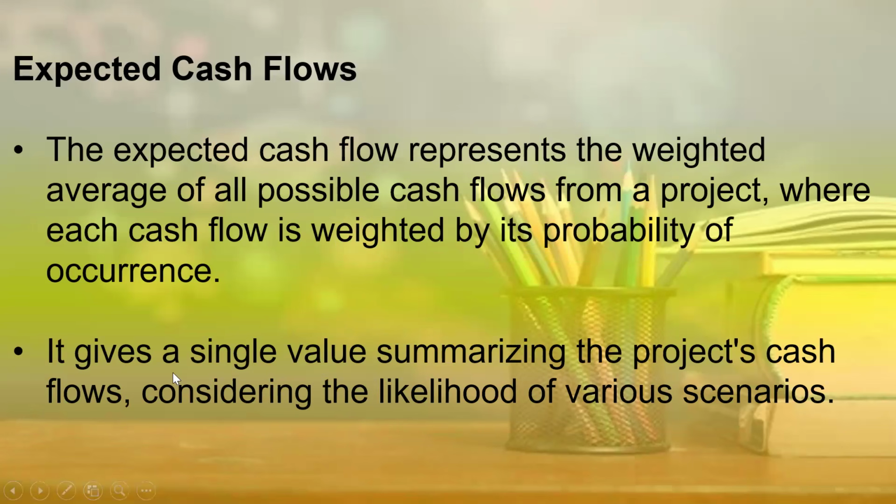So it gives a single value summarizing the project's cash flows considering the likelihood of various scenarios. So what we are going to do is simply multiply the probabilities with their cash flows to get the expected cash flows, which is also known as expected average cash flows.